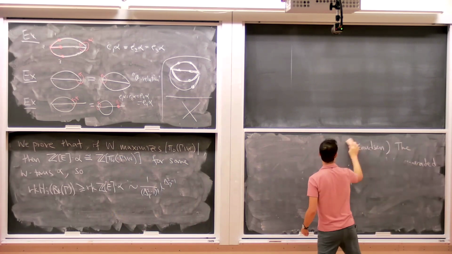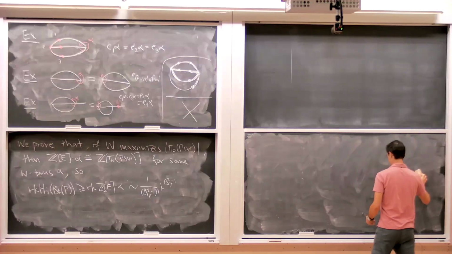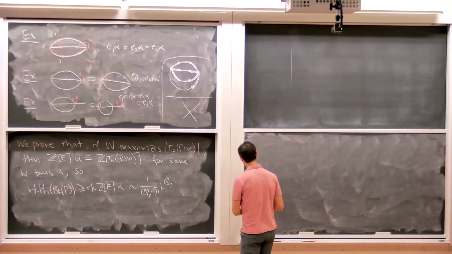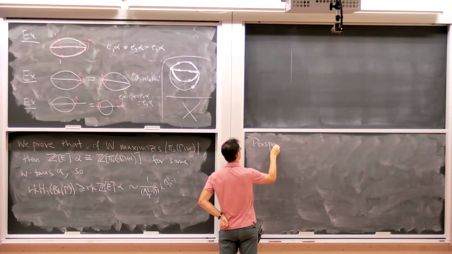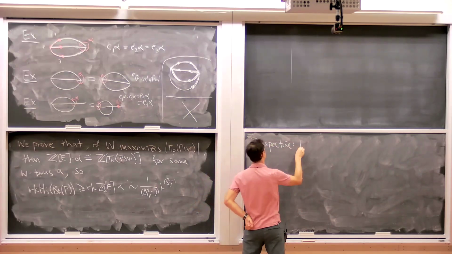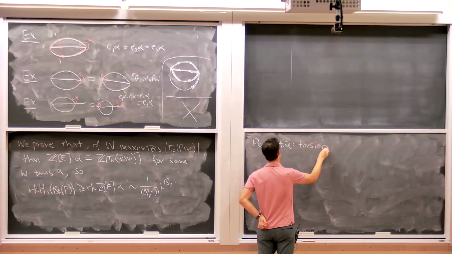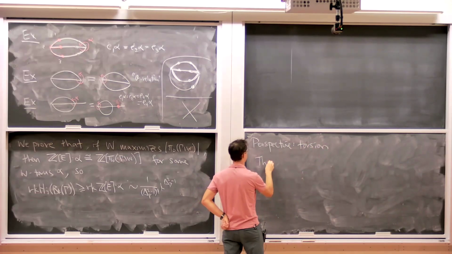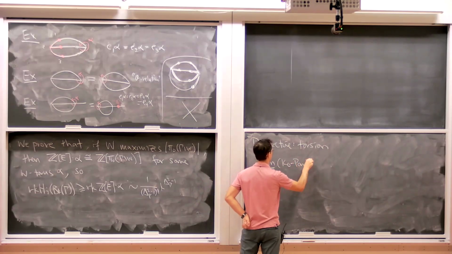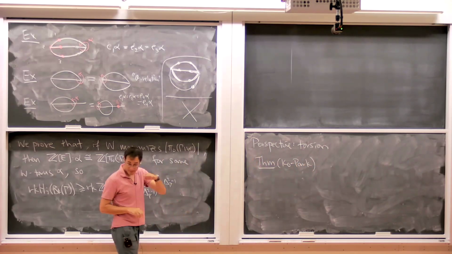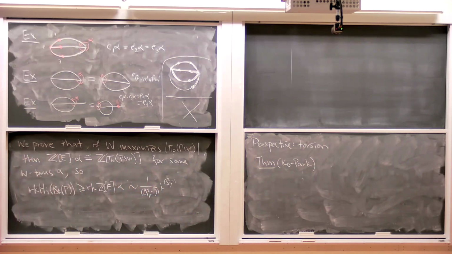So let me just say something about torsion. So there's a theorem of Coe and Park, which says that torsion in the homology of the configuration spaces detects planarity of the graph.